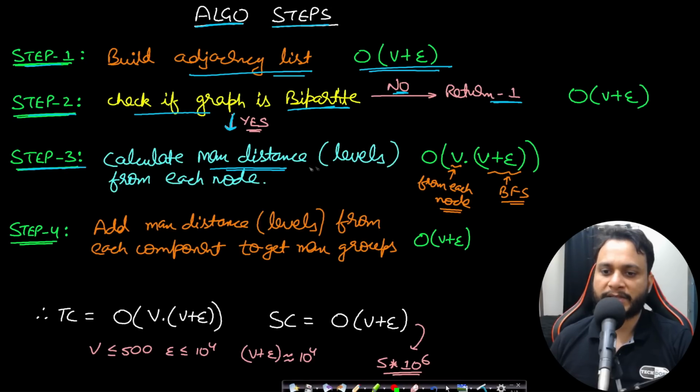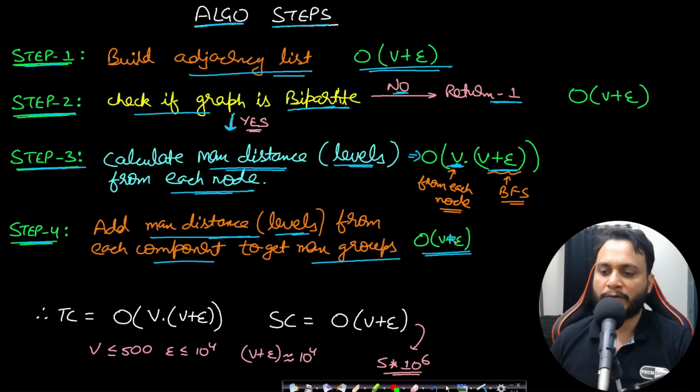Calculate the maximum distance, that means the maximum levels from each of the nodes, and this can be done by performing BFS from each of the vertices, and the BFS takes V plus E time. So this will take order of V into V plus E. Now step number 4 is to add the maximum distance or the max level count for each component to get the maximum groups, and this is just an iteration over the entire array.